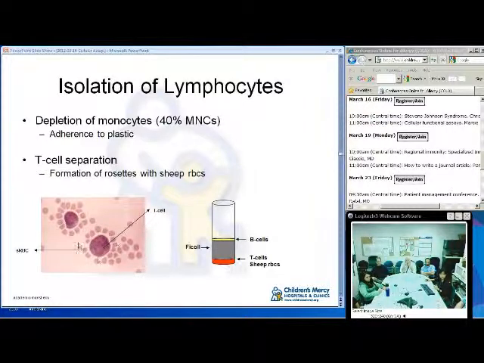And so once you form these rosettes, then you can take that monocyte-depleted layer, which would be the T and B cells, put it through another Ficoll layer, and what you would have is on the top would be the B cells, and the T cells, now because they're heavier with these rosettes, would be on the bottom. And so you could take your B cell layer off, take the Ficoll layer, and then you have your T cells, and then you could just lyse the red blood cells, and then you'd have your T cells. Okay.